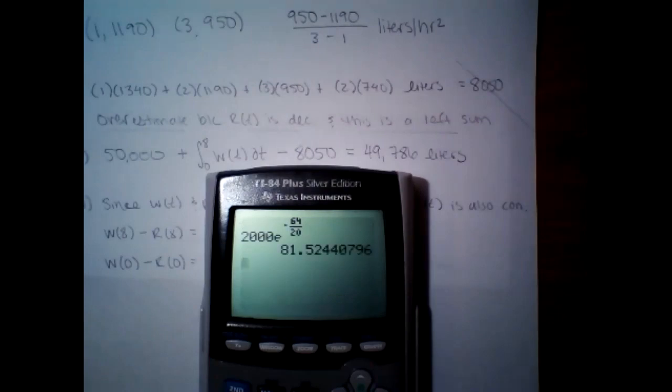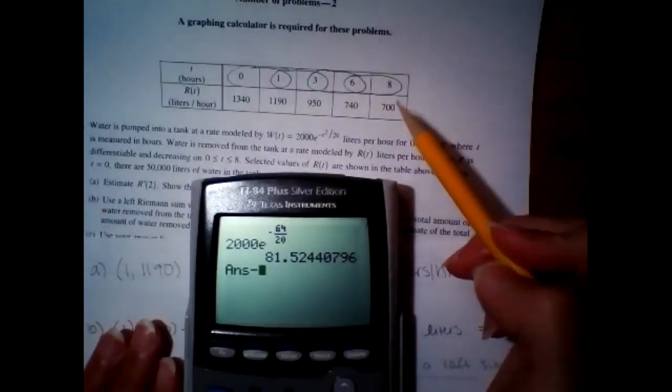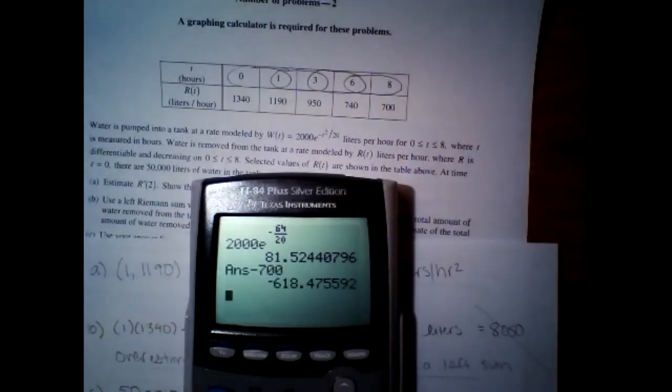So I just plugged 8 into that. We get 81.524, and then we want to subtract R of 8. So let me slide the table back up here. R of 8 is 700, so I'm going to do minus 700. So we get negative 618.475.